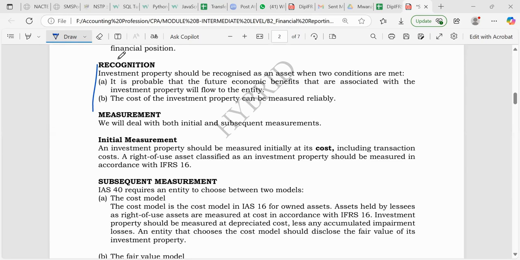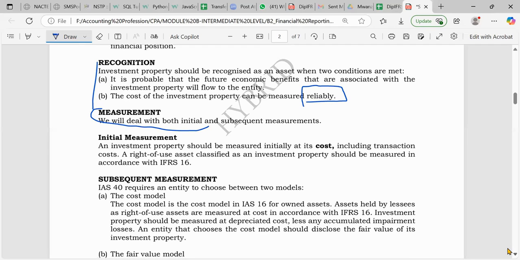And that's why if you expect economic benefit, then we'd say it's fine. So it should be probable that future economic benefits associated with the investment property will go to the entity, but also the cost of investment property should be able to be measured reliably. If you can measure it reliably, you can present the statement to users, right?